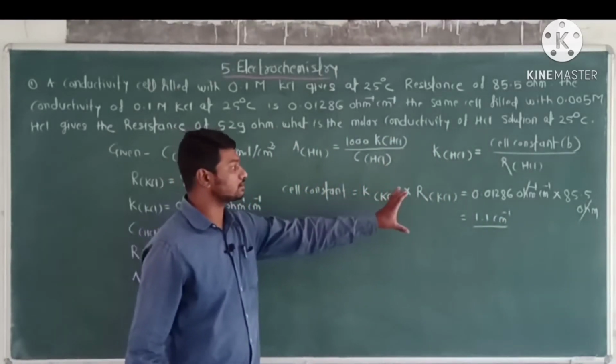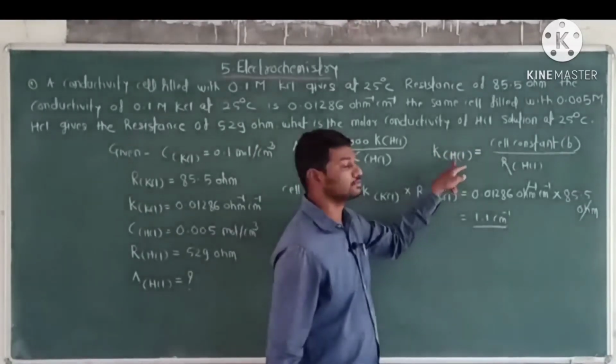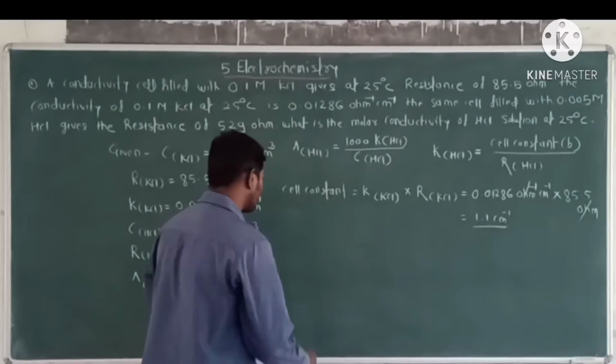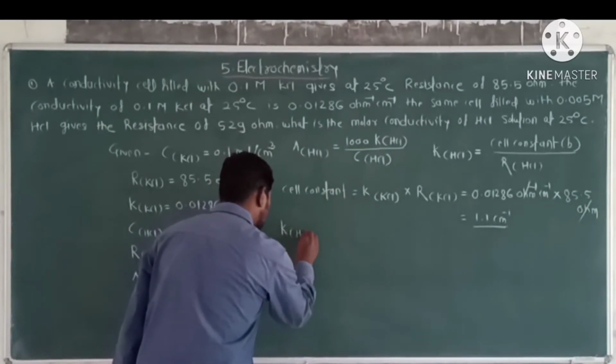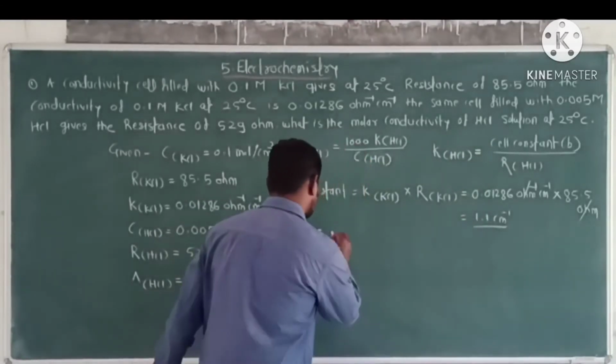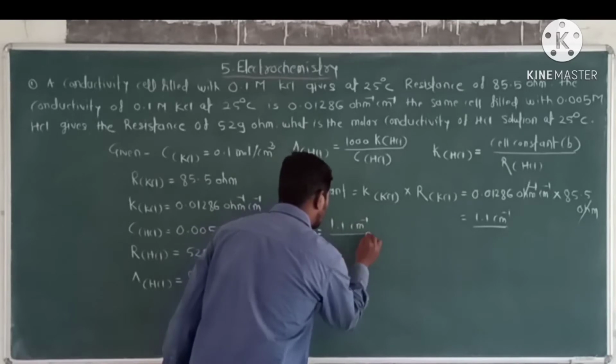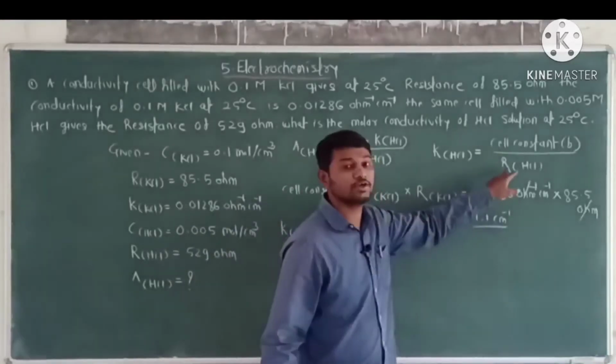Use this cell constant and calculate the conductivity of the HCl solution. Conductivity of HCl solution is equal to cell constant, that is 1.1 per centimeter, divided by resistance of HCl.